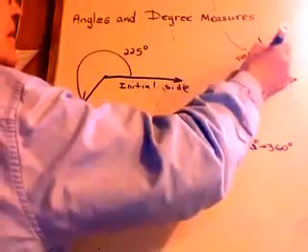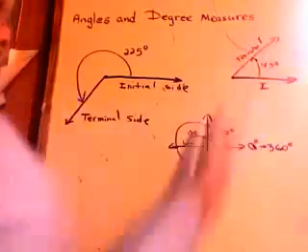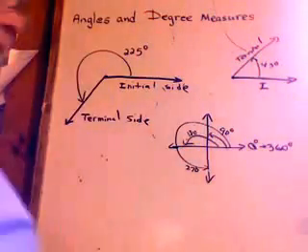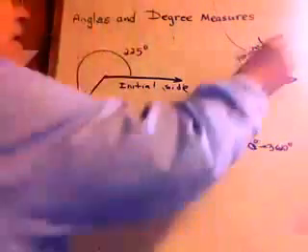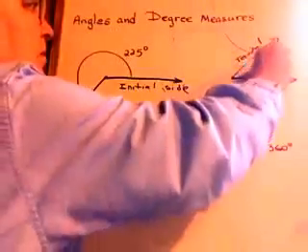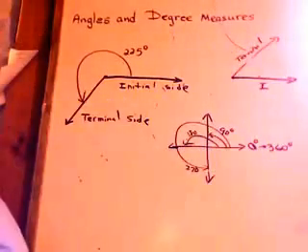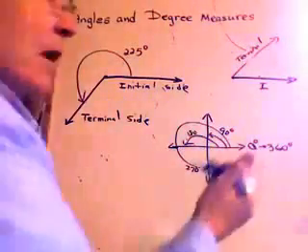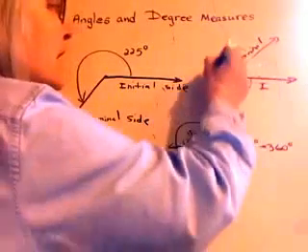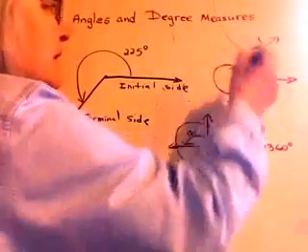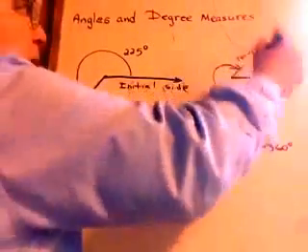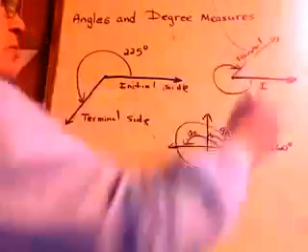Now, here's an interesting thing. I could call that 45 degrees. Somebody else might look at that and want to think about calling it something else, right? And if I measured it this way, it's called positive 45 if I measured it the first way.